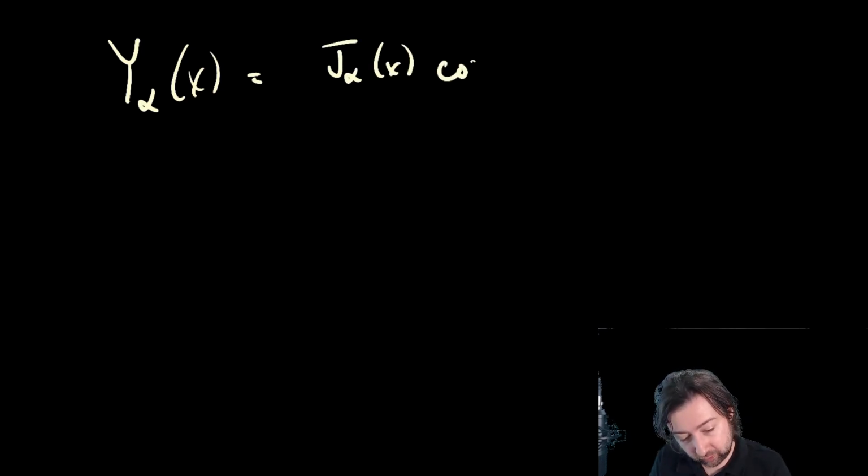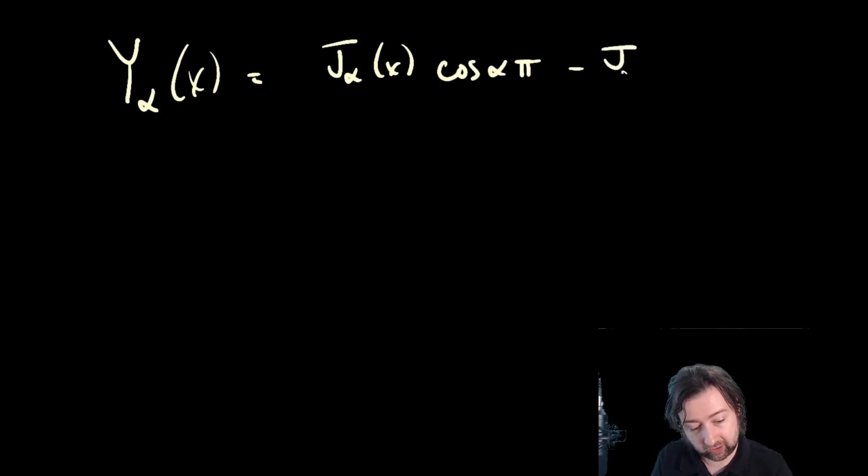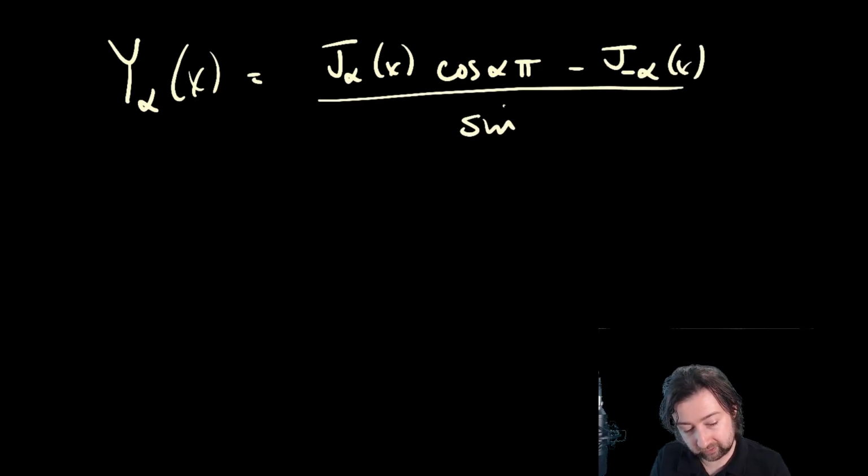And so we actually use this to define a function called Y alpha of x. And this is a Bessel function of the second kind. And the particular linear combination that we use is going to look kind of weird. It's J alpha of x times the cosine of alpha pi minus J minus alpha of x over the sine of alpha pi.